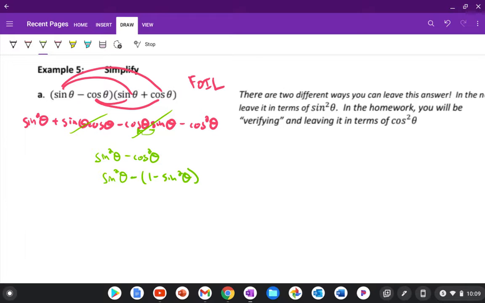So since I know cosine squared is 1 minus sine squared, I would then distribute this, and I would get sine squared theta minus 1, and this becomes plus sine squared theta. So that actually doesn't really help us a whole lot. I guess you could then combine these two. Sine squared and a sine squared becomes 2 sine squared theta minus 1. I guess you could say that's a little bit more simple.